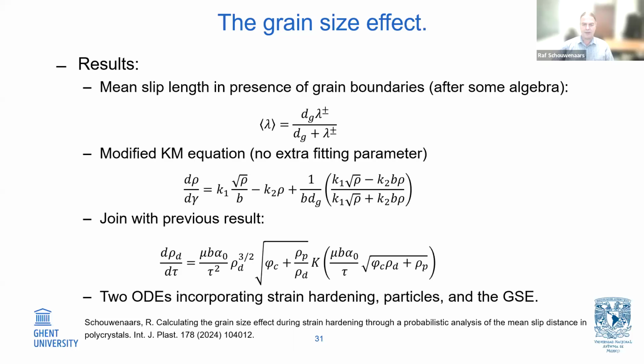And you can use this together with our differential equation based on the density stress relationship, and you have strain hardening, particles and the GSE, the grain size effect, in ordinary nonlinear differential equations.